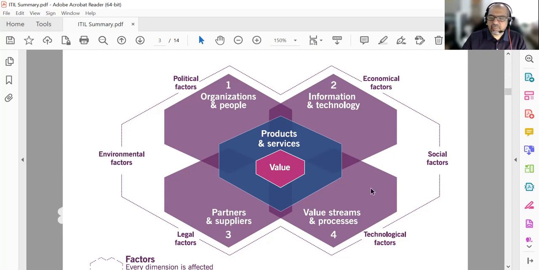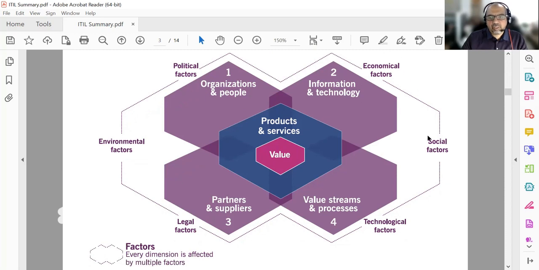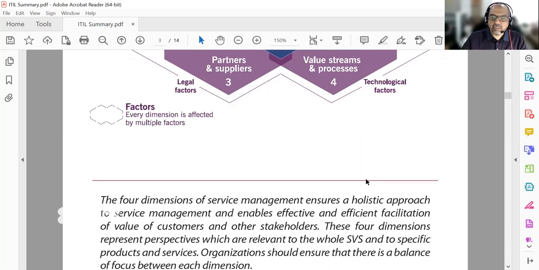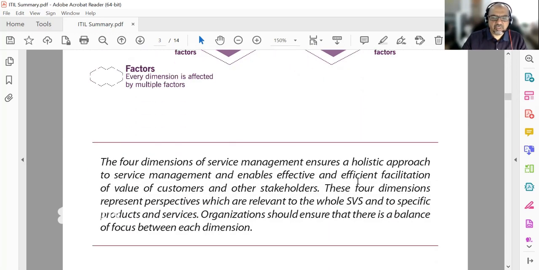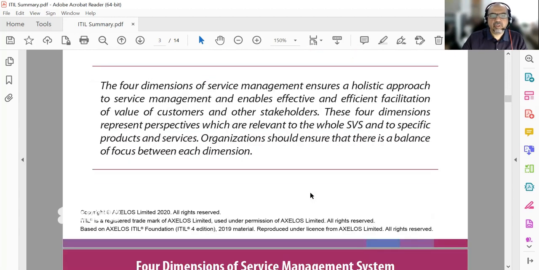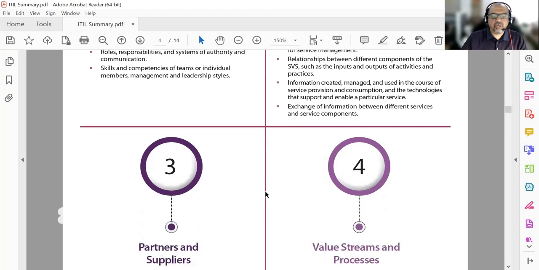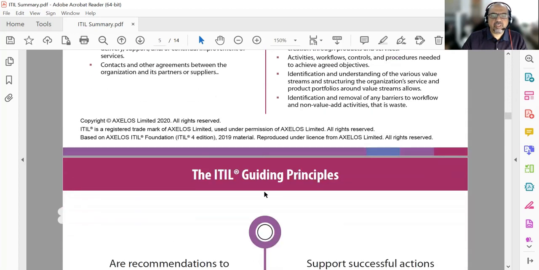Many things happened, and it even affected different policies, laws, and regulations that were in place. So these factors will also affect the service. We need to think about that when we design the service and provide this service. So yes, we covered the four dimensions here.